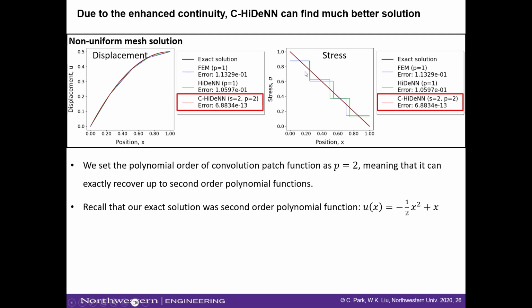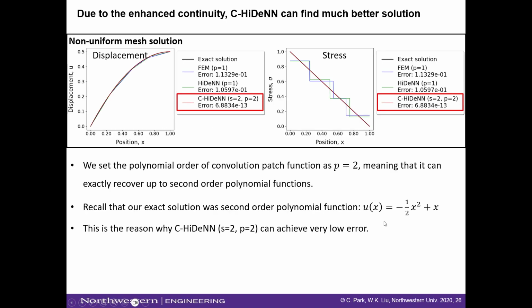And also the stress field of C-HiDeNN is linear, which is the same as the exact solution. Remember, this is the reason why I picked this simple quadratic polynomial function as the exact solution, because if we set it up this way, C-HiDeNN can exactly reproduce the exact solution. It's quite a simple trick, you know.